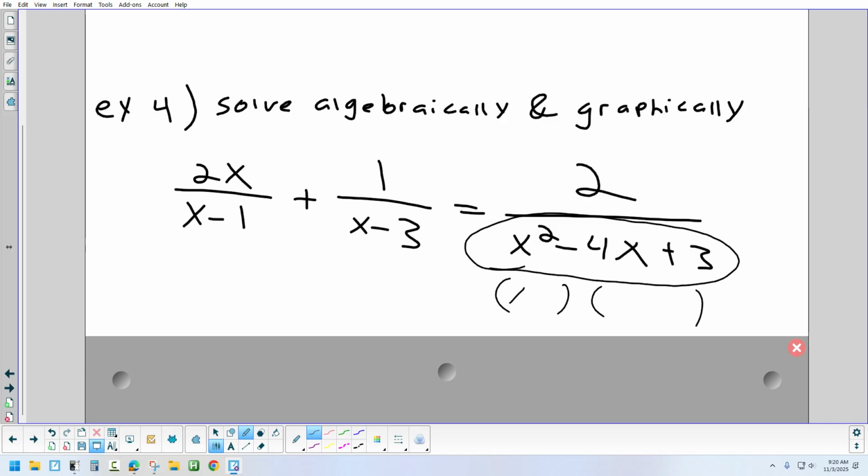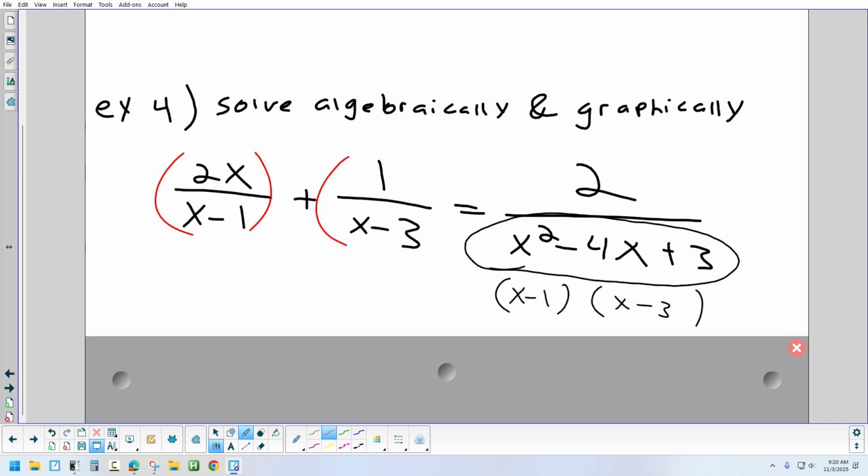So yeah, it does. It factors as x minus 1, x minus 3. Because if you multiply that, you get x squared minus 3 minus 1 is minus 4. And negative 1 times negative 3 is positive 3. So that denominator is the product of the two that came before it. So it's just like the 3, the 5, and the 15. It's exactly the same thing.